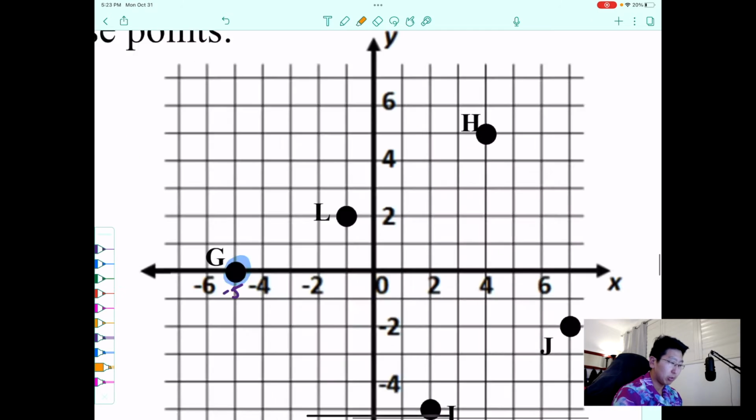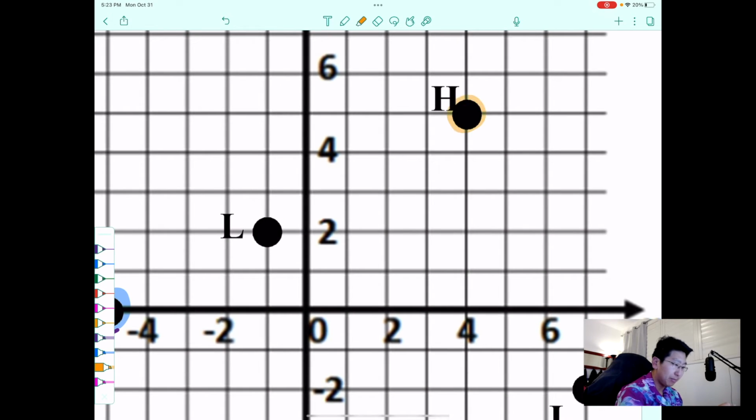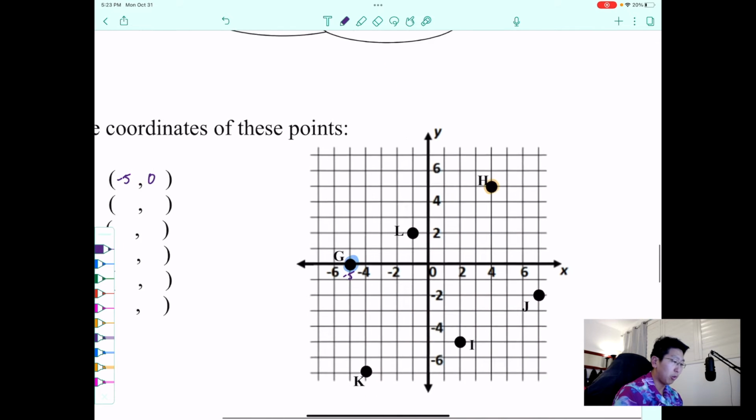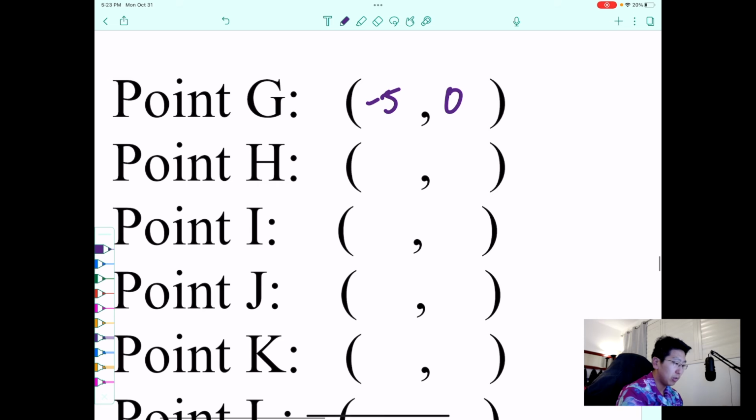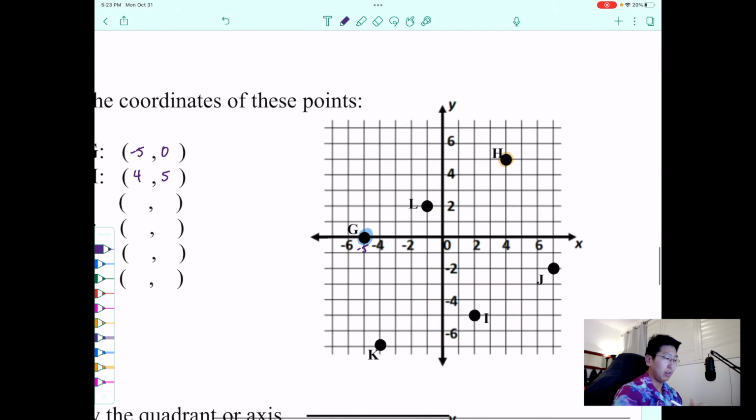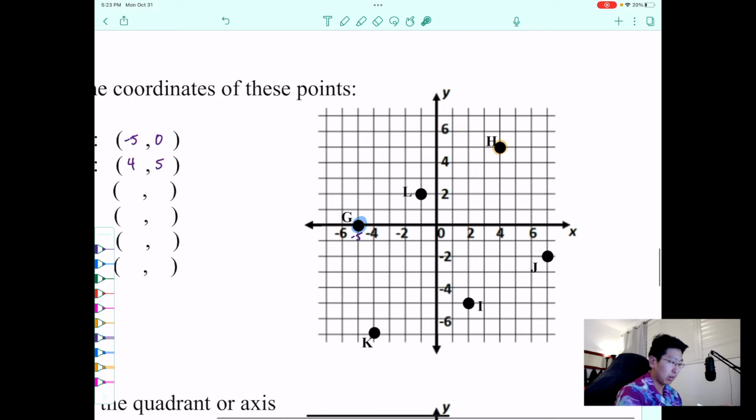All right, let's do a couple more. H, where's H? Right here. So my x value is 1, 2, 3, 4. It's at 4. And it goes up 1, 2, 3, 4, 5. And this is 5 right here. So this is 4 x value, 5 on the y-axis. I always look at the x value first, and then I go and look at the y value next.